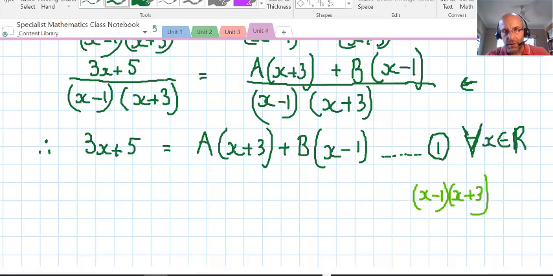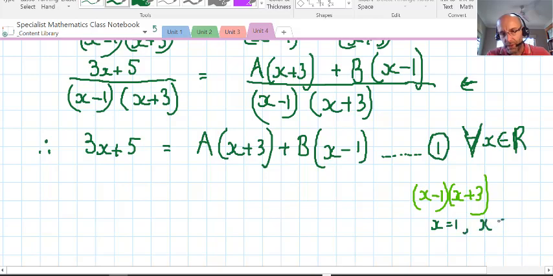Now, if we consider the null factor law for a moment, and we find the roots of (x - 1)(x + 3), we'd be looking at x = 1 and x = -3. Now, this is a good little strategy to help us solve what we've got. You don't have to use these values, but we know, because we're only looking at the numerator, we can use any real values. Well, let's use when x = 1, and let's use when x = -3.